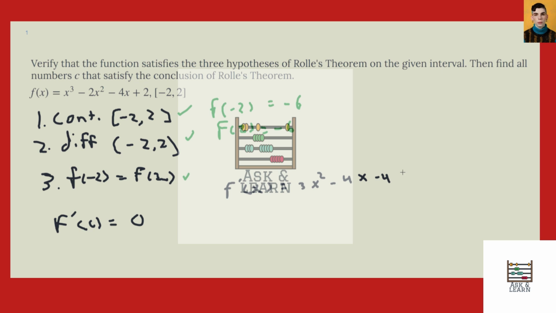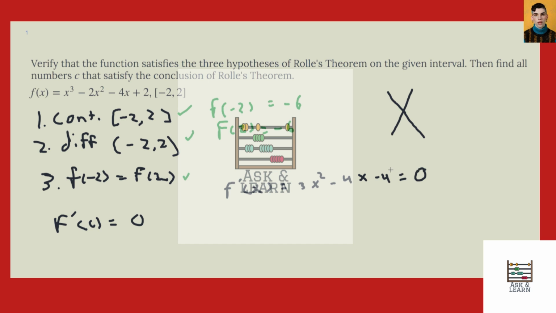And all we're asked to do now is find where this function equals 0. And this is a polynomial, so you actually have to factor this. There are numerous ways to factor this function. I do it with the X method. You may have your own method. So all you do is multiply the end numbers.